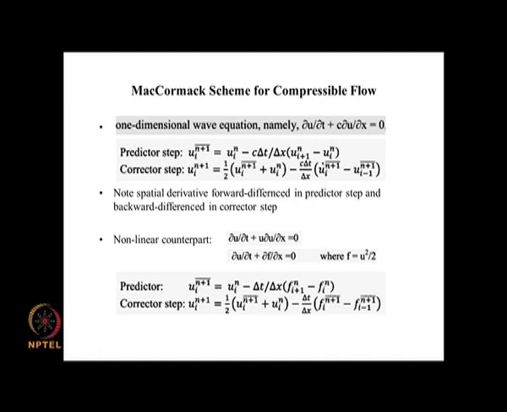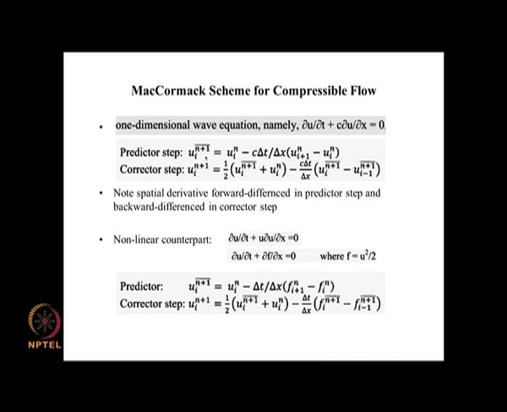What we would like to note here is that the spatial derivative is forward differenced, i plus 1 minus i, in the predictor step and backward differenced in the corrector step, and that is something we would need to note and put accordingly.